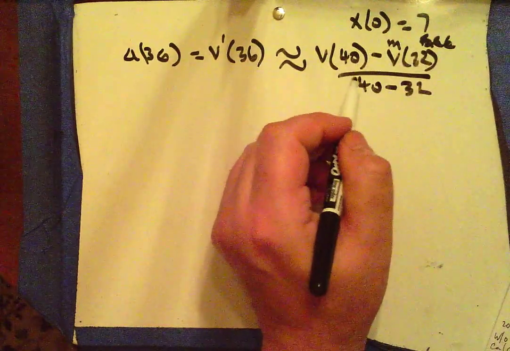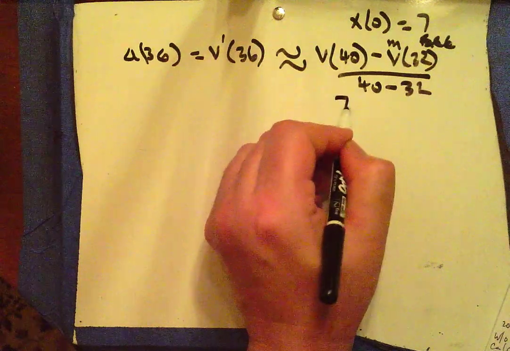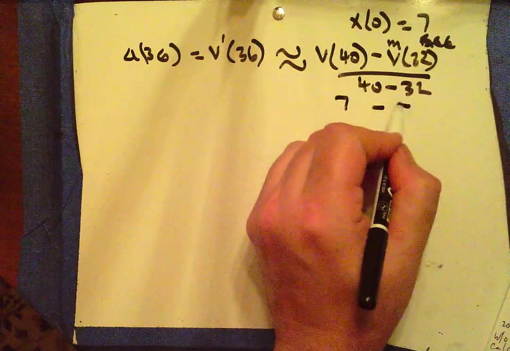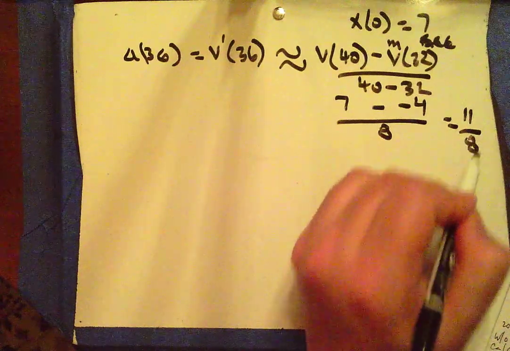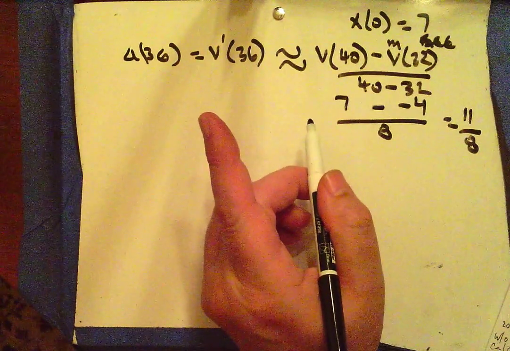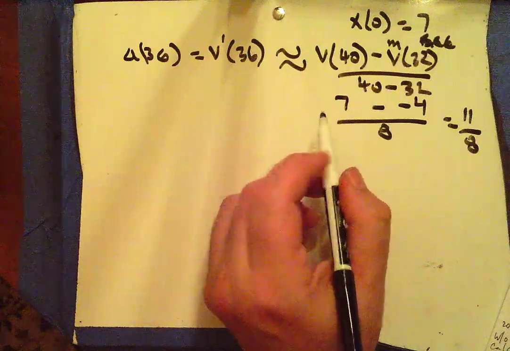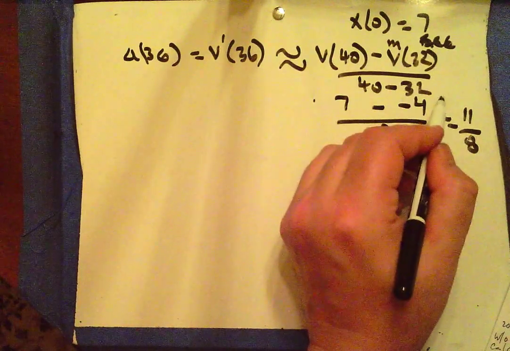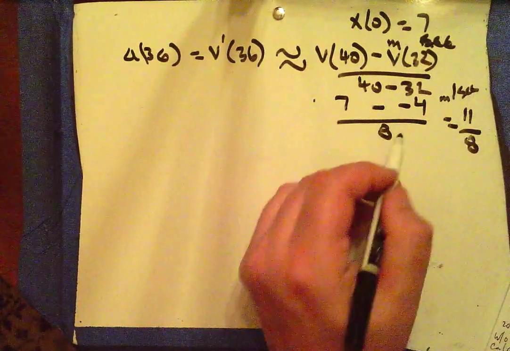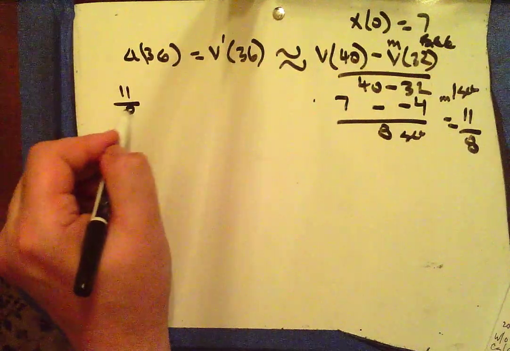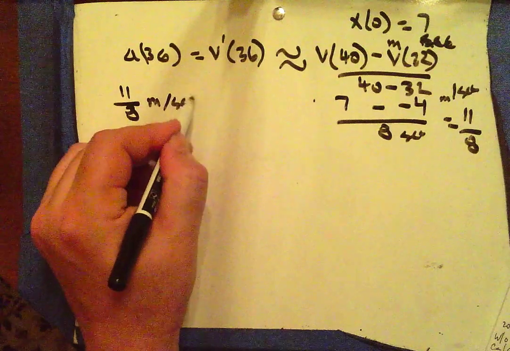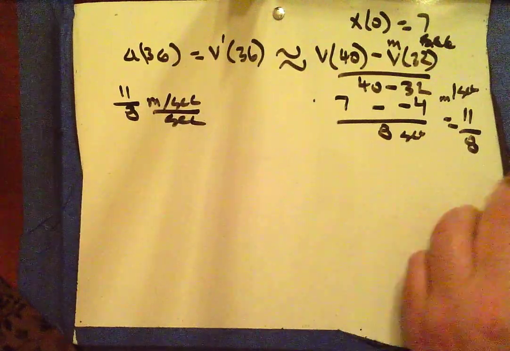We have to actually take the values from the table and plug them in. Minus a minus 4 over 8, and I get 11 over 8. And the units here are meters per second, and the units here are seconds. And so I get 11 over 8 meters per second per second.